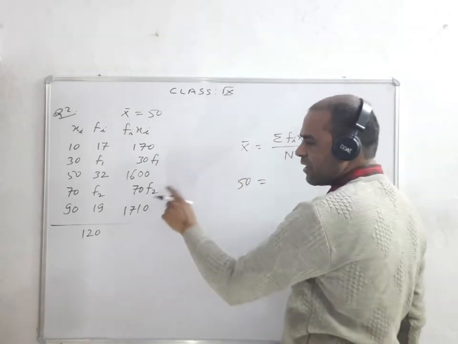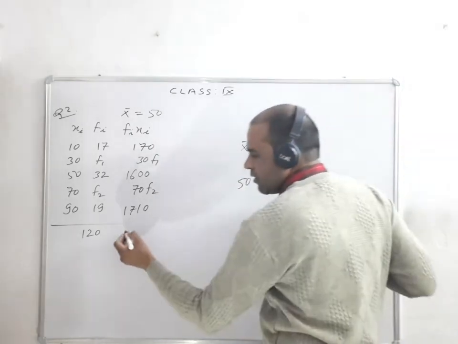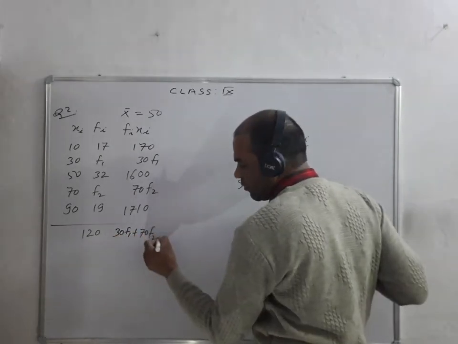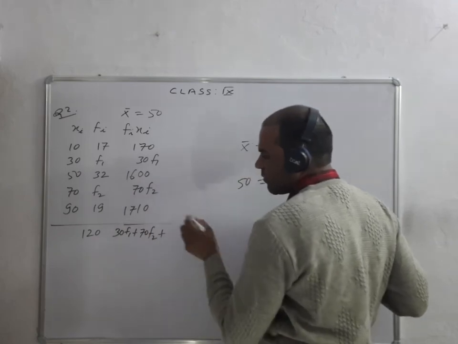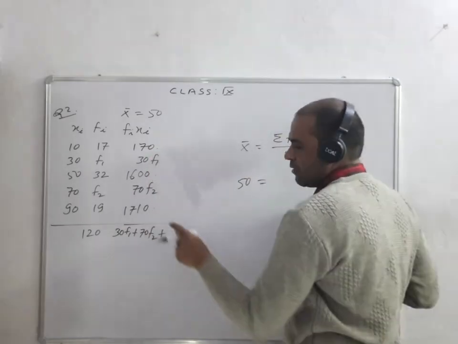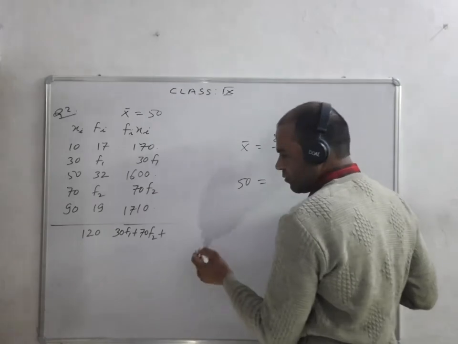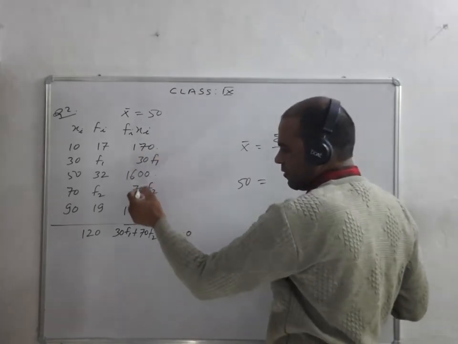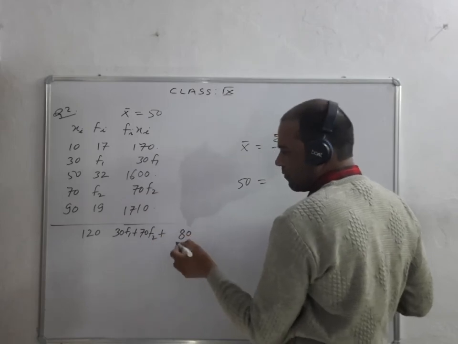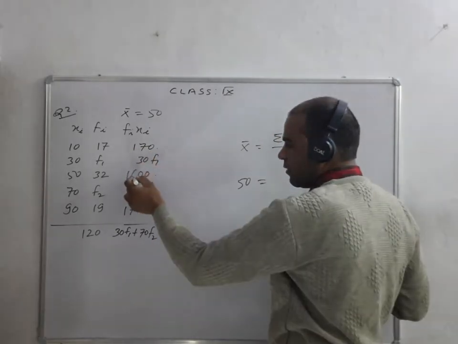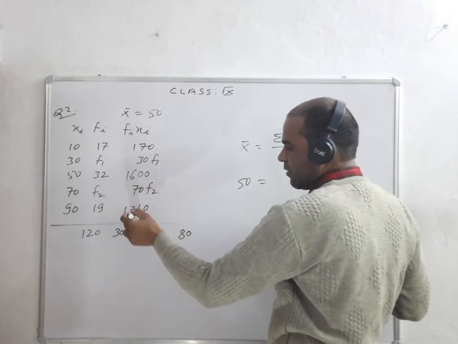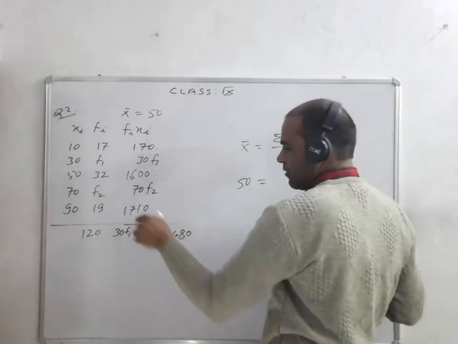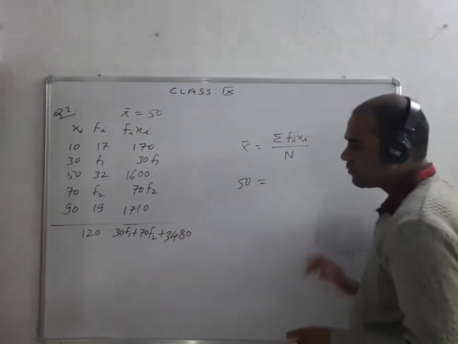So 30f1 and 70f2 are the unlike terms. So 30f1 plus 70f2 plus the sum of these: 0, 0, 0, 0. Next 7 and 1 is 8, 1 and 6 is 7, and 7 is 40 and 4, 1 carry 3, 4 8 0.